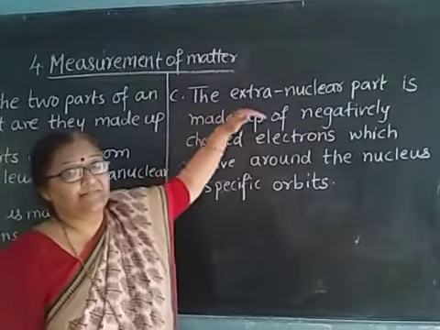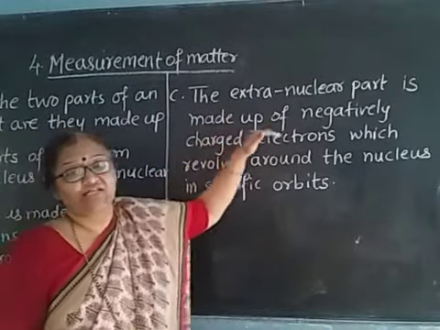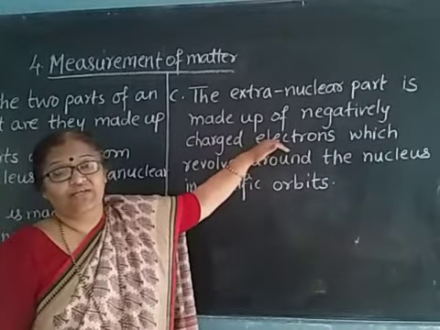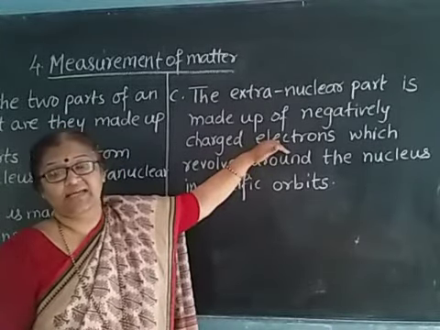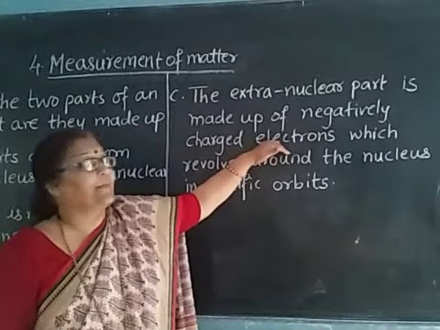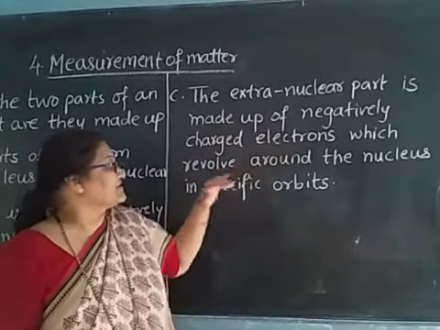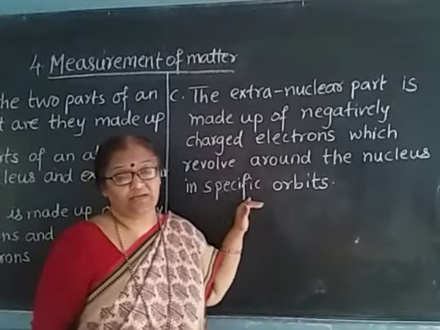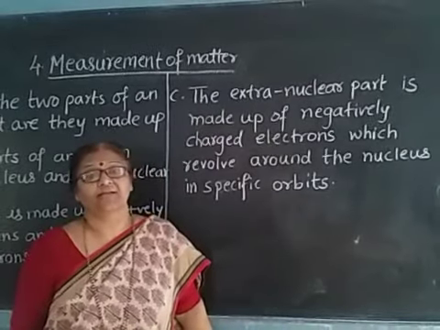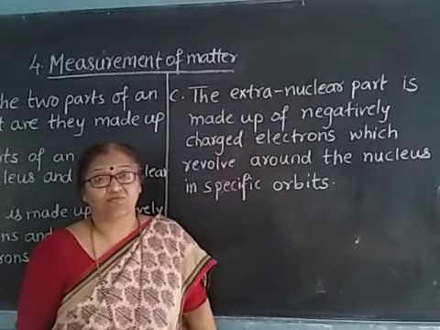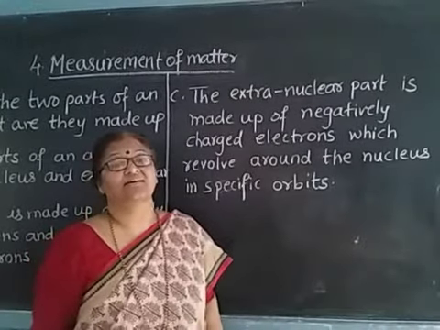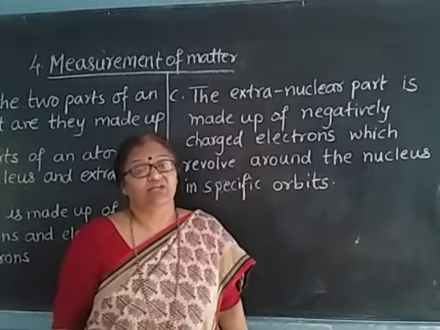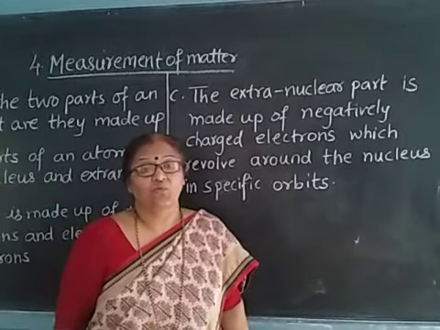The electrons are revolving around the nucleus in a specific orbit. They have their own orbit, and these electrons revolve in their own orbit. They neither jump from one orbit to another orbit, nor do they exchange their energy with one another.